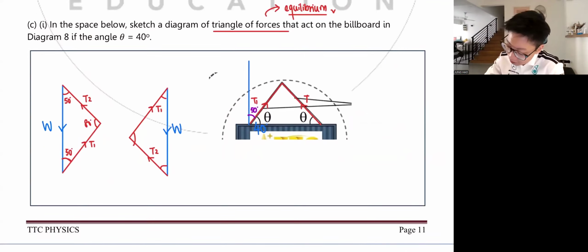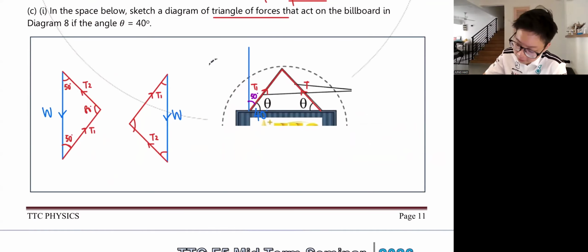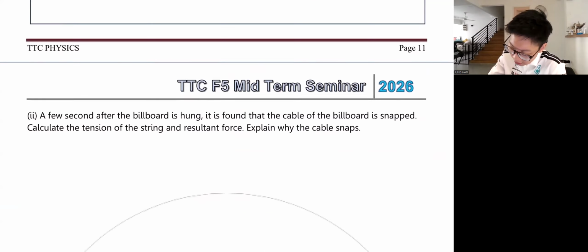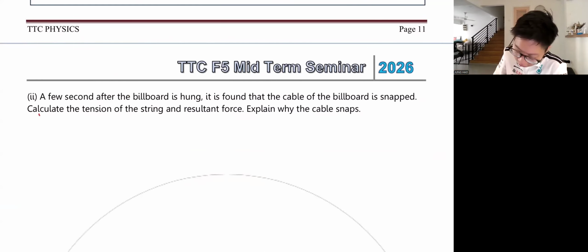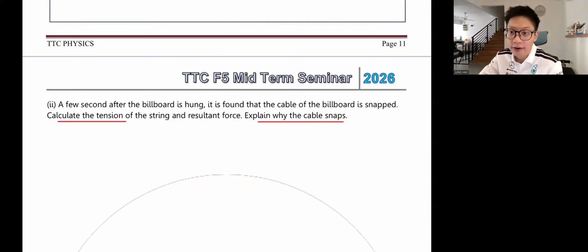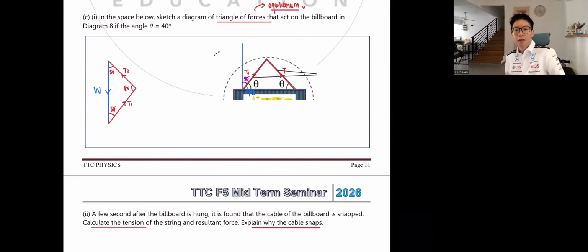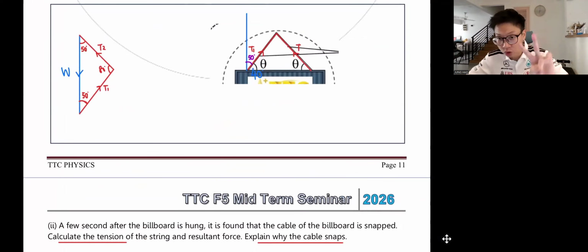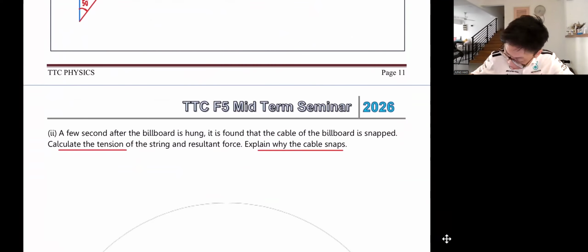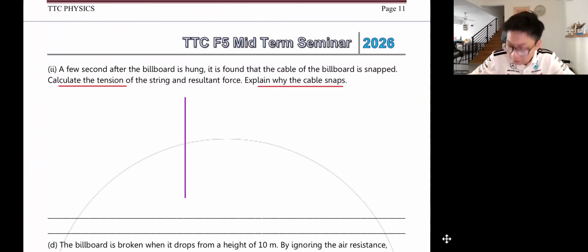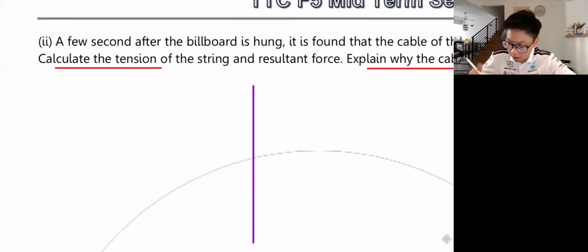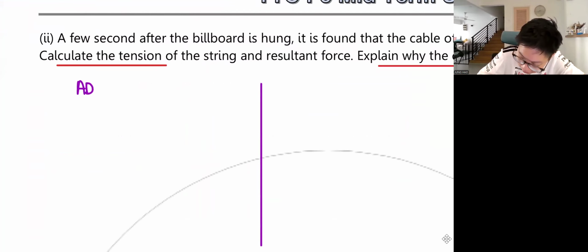Okay, now finally we will continue and see the calculation of the tension and explain why the cable snaps. Very simple. When we do this calculation of tension, we always have two choices. The first choice is the sine rule.